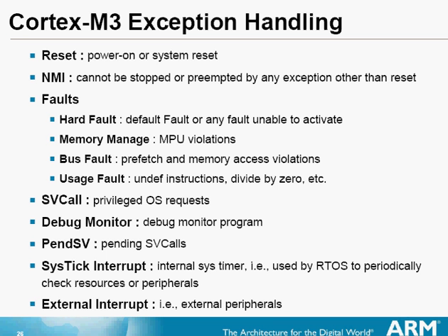Then we have SVCall, privileged operating system request, debug monitor, debug monitoring program. PendSV means pending SVCall. SysTick interrupt means the internal system timer that is used by the RTOS to periodically check resources or peripherals. External interrupt is for external peripherals.